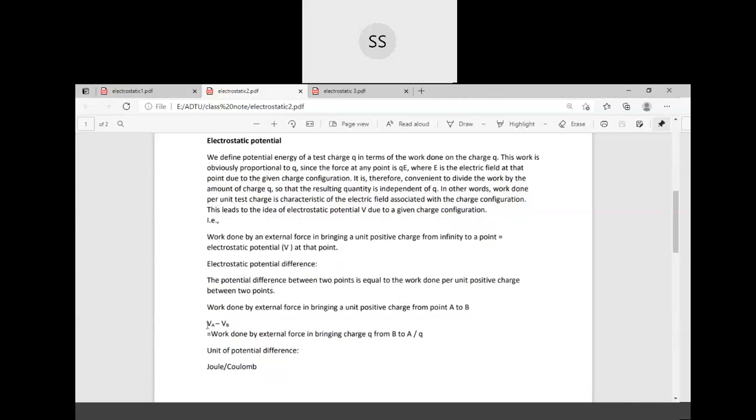So if Va is the potential in bringing the charge from infinity to point A, and if Vb is the potential in bringing the point charge from infinity to B, then work done by external force in bringing the unit positive charge from A to B is Va minus Vb.